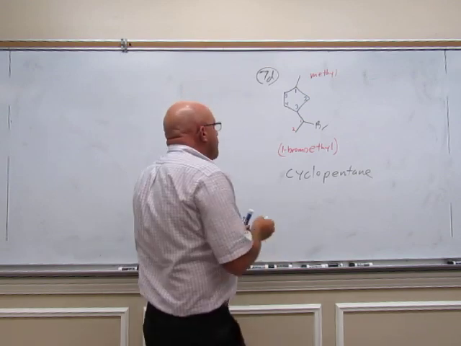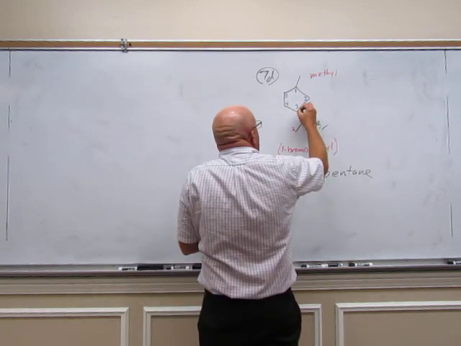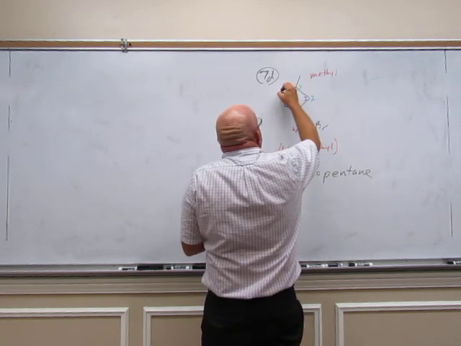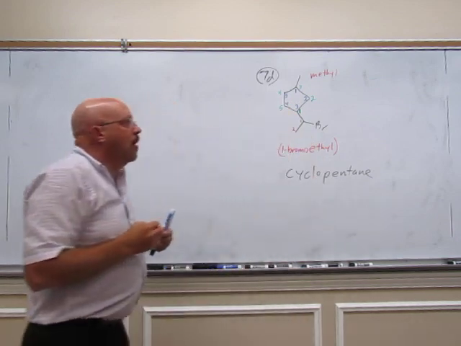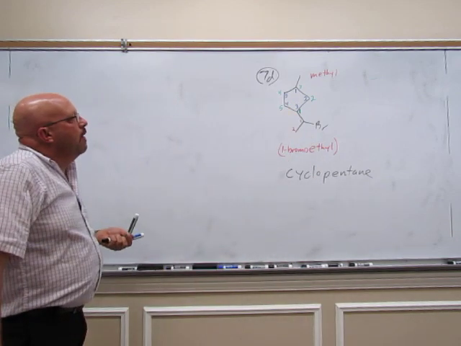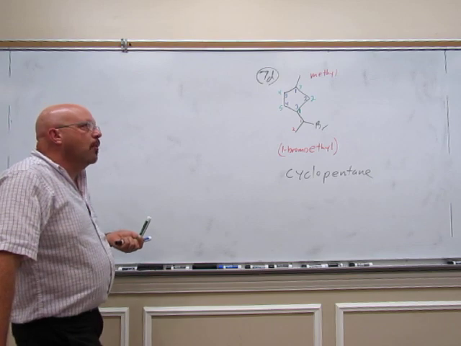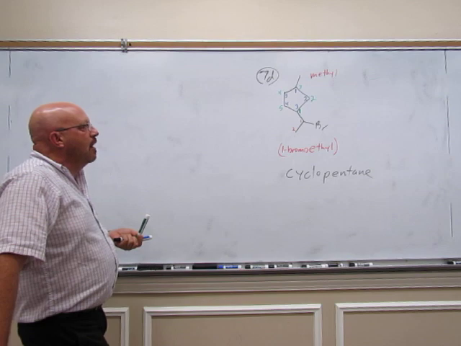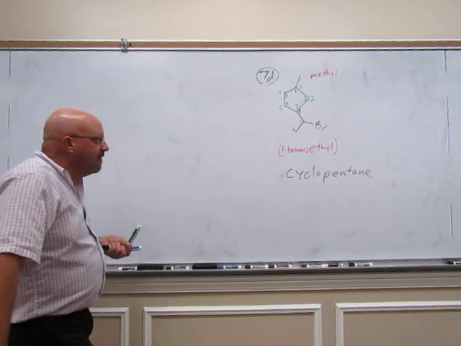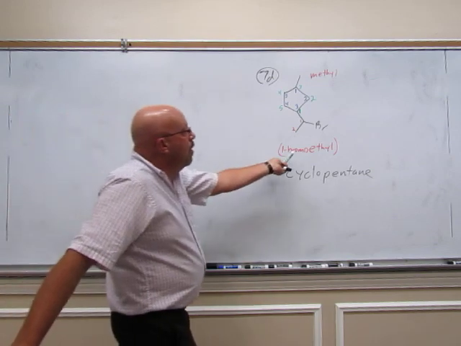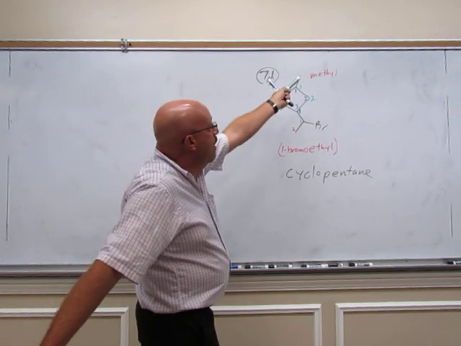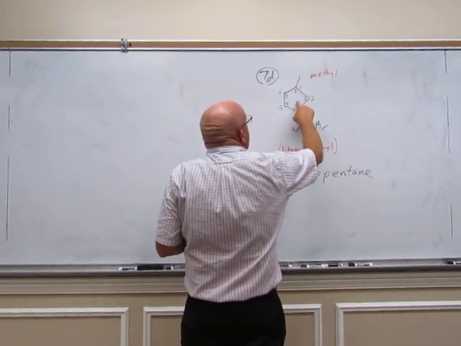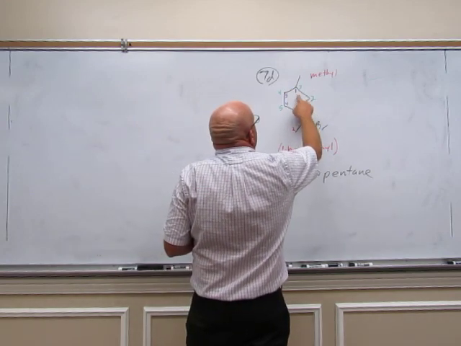If I start numbering where the 1-bromoethyl group is, make that number 1, then the methyl's on carbon number 3. Well, it's a tie. It's a 1,3 versus a 1,3. What do we do when there's a tie in numbering? We give the lower number to the one that comes first alphabetically. So the 1-bromoethyl is going to get the lower number over the methyl. So the green one there that I've got, green is the correct one. The blue one was wrong, so I'm going to take the blue one off.